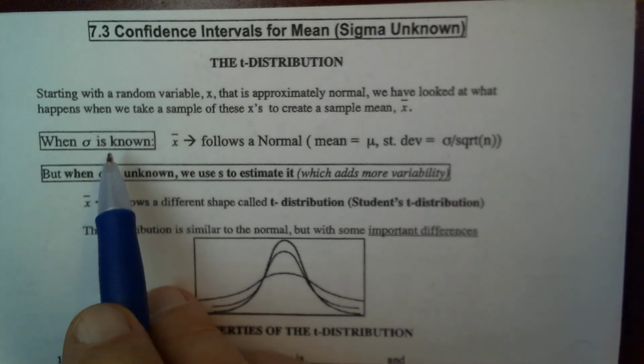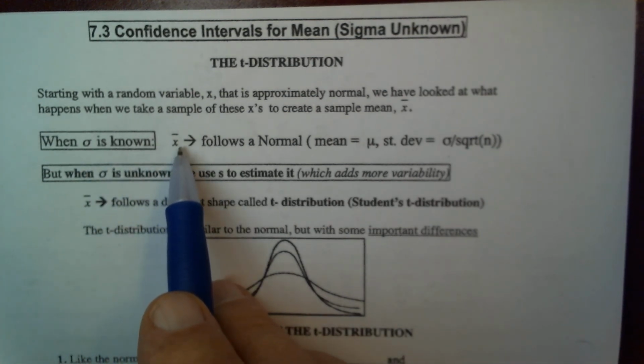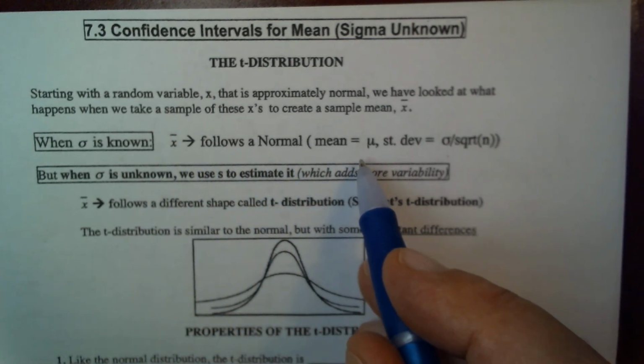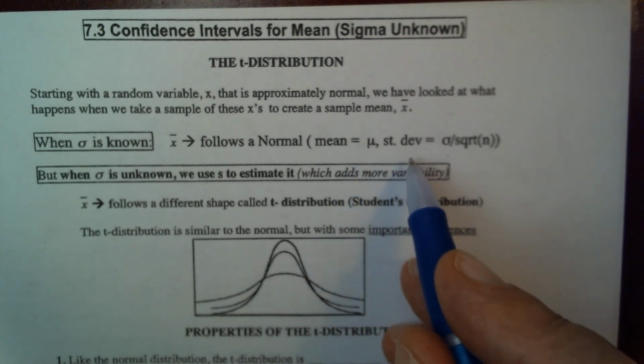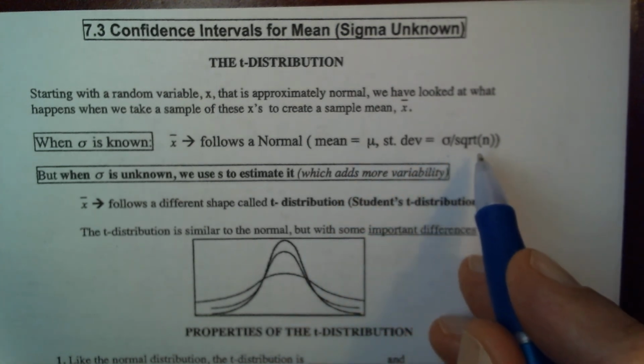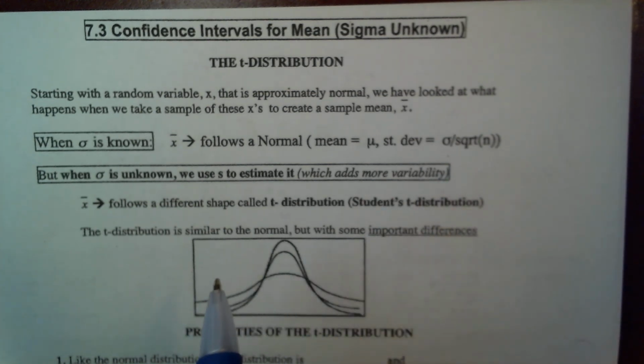When the population standard deviation is known, we know that the sample means follow a normal distribution with a mean of mu, the population mean, and a standard deviation of sigma, the population standard deviation, divided by the square root of n, the sample size.